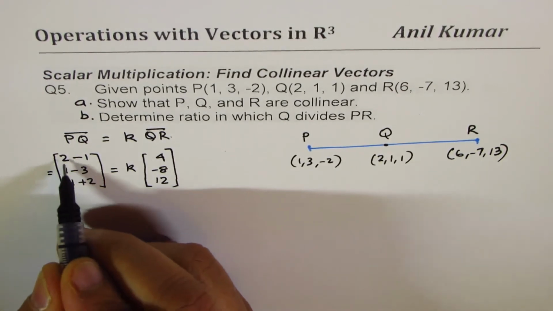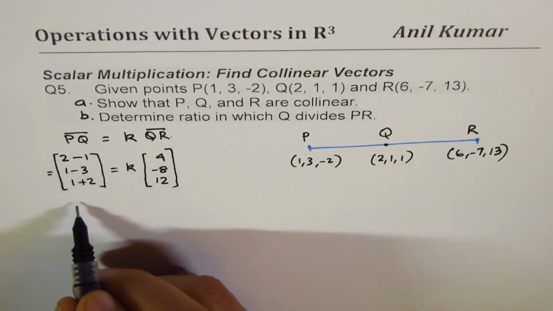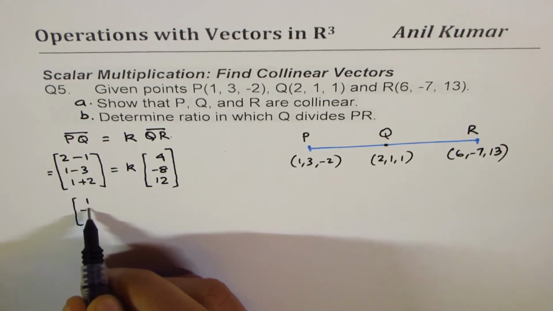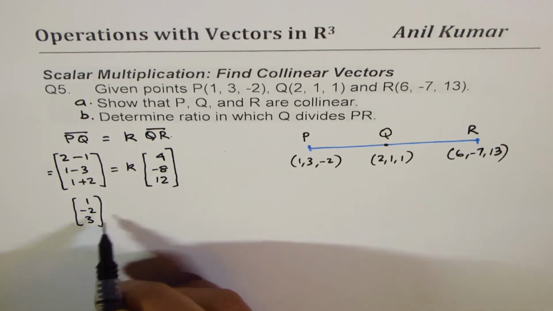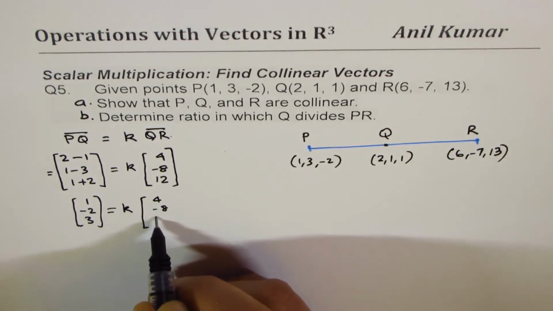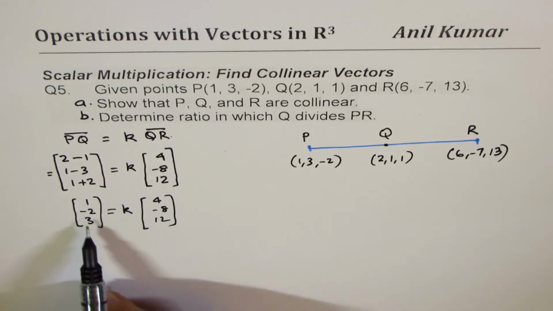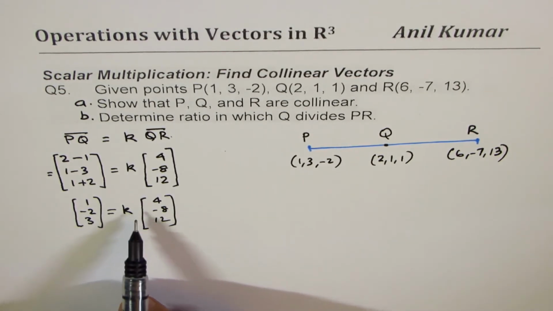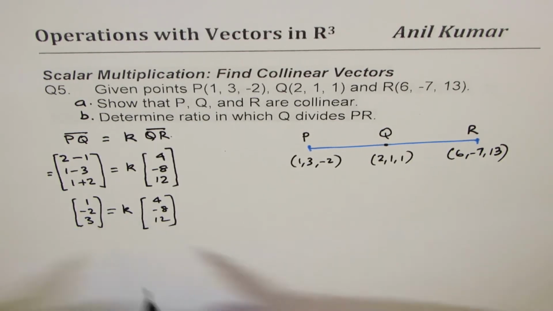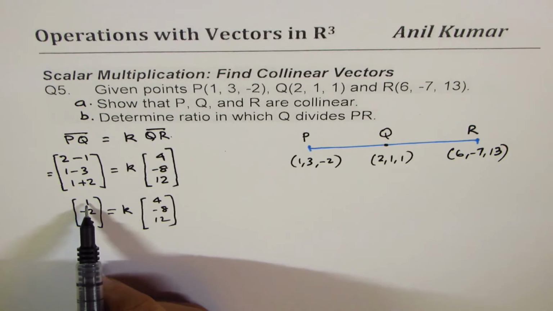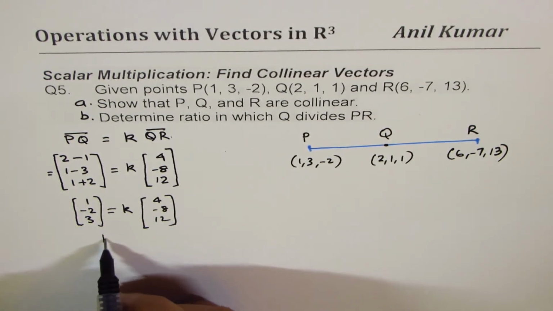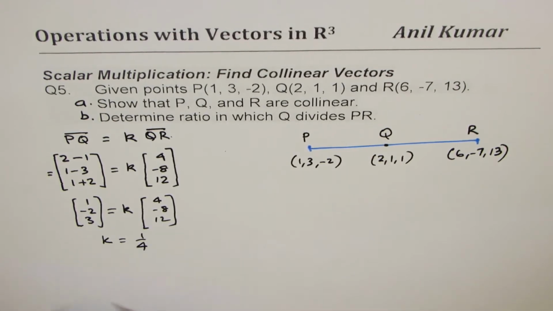Okay, so let me rewrite these numbers. What we get here is 2 minus 1 is 1, this is minus 2, and that is 3, equals K times 4, minus 8 and 12. Now from here, you see that K is 1/4. To make them equal, 1, 2, 4, so K has to be 1/4. So this implies that K equals 1/4.